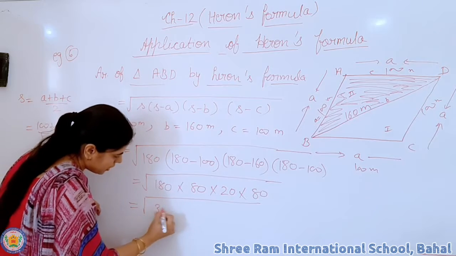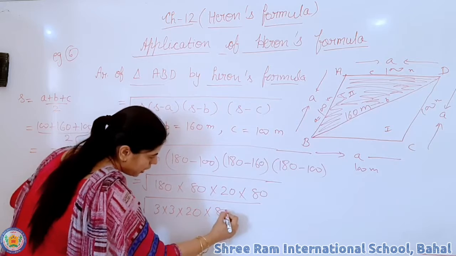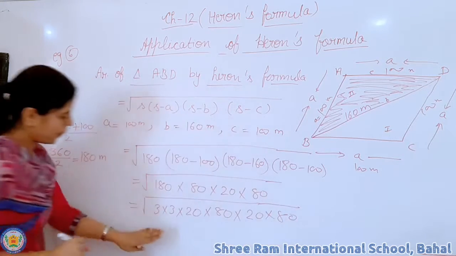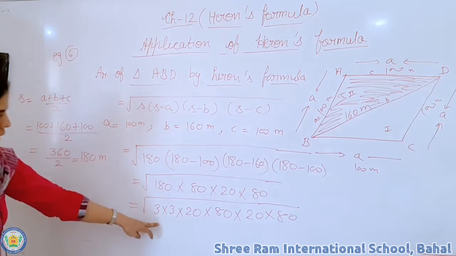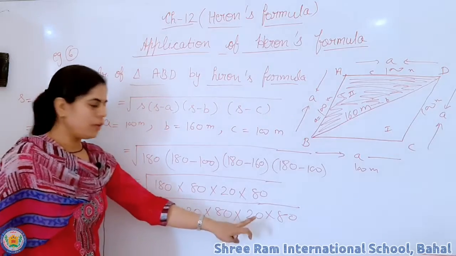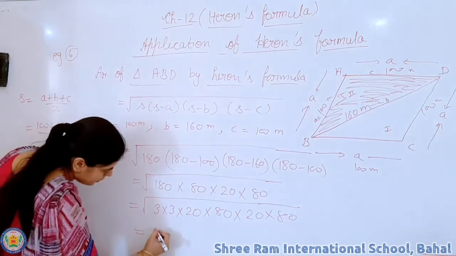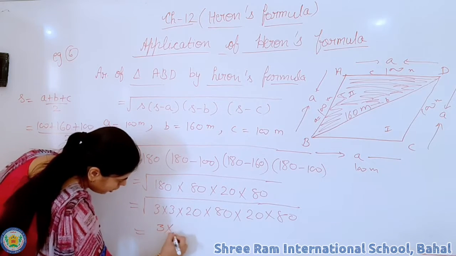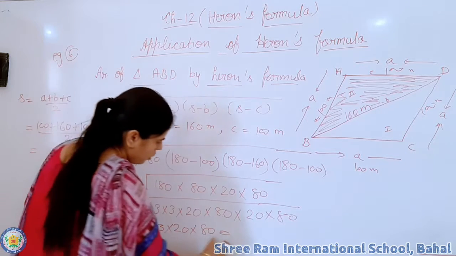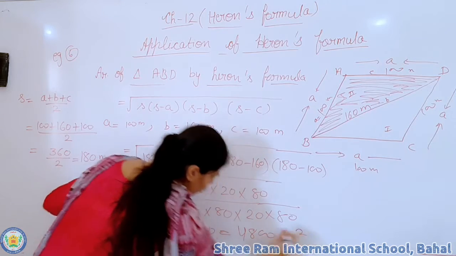It can be written as 3 into 3 into 20. This is 80, this is 20 and this is again 80. Now, how many pairs are there? There are 3 pairs: one pair of 3, one pair of 20 and one pair of 80. We can write it as 3 into 20 into 80, which is equal to 4800 meter square.